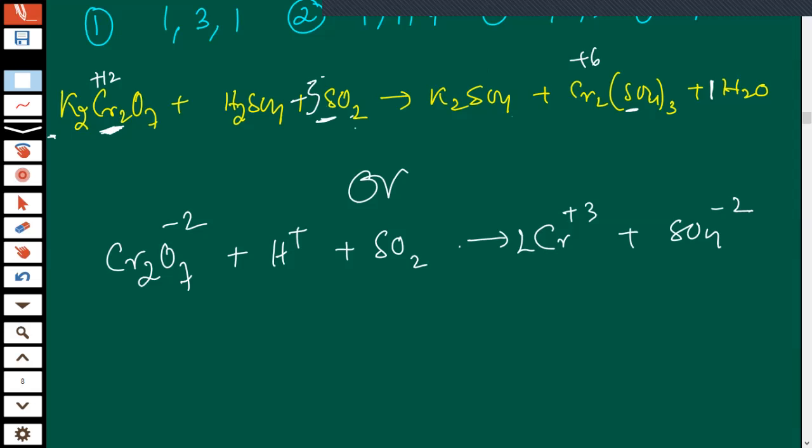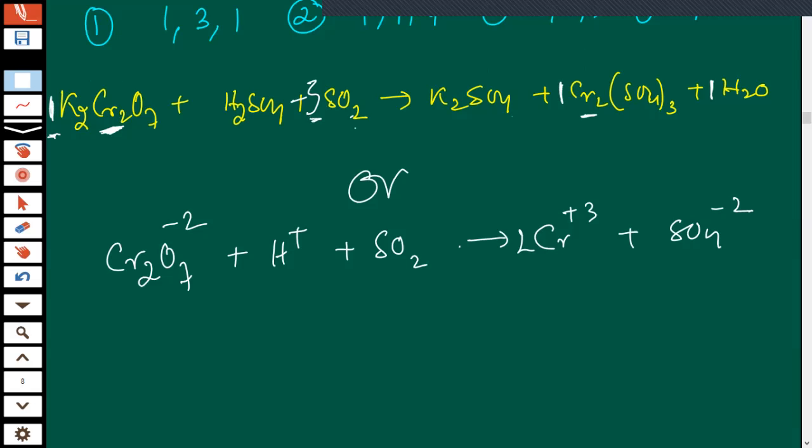See, first of all, chromium is balanced, 2 chromium, and sulfur is also balanced, 3 sulfur and 3 sulfur, right? Now we'll fix this number again. We'll try to fix this number 1, 3. This is 1, and the remaining are not fixed.